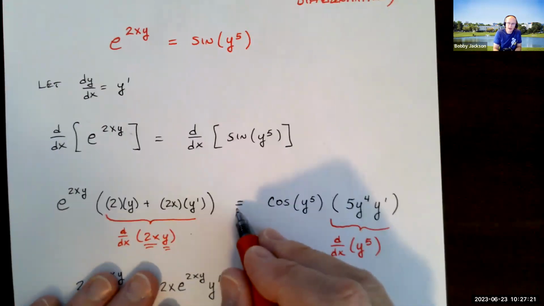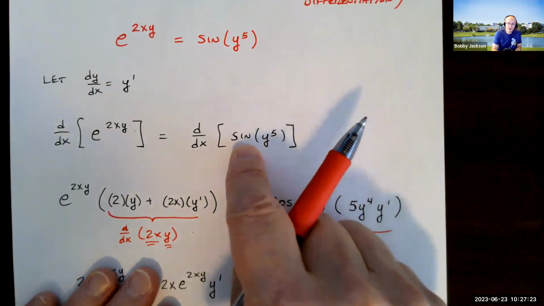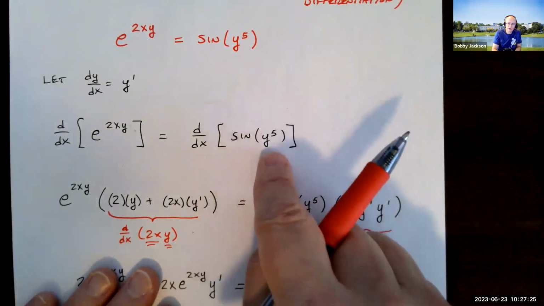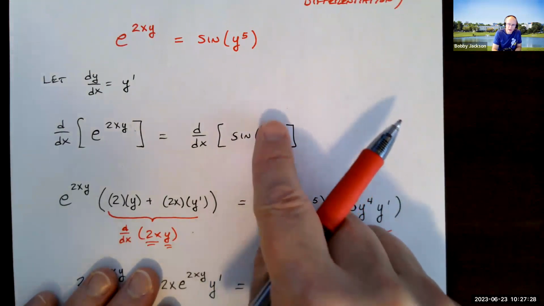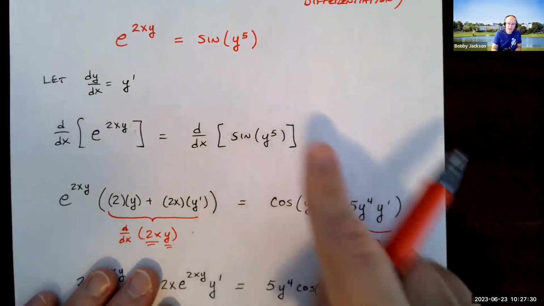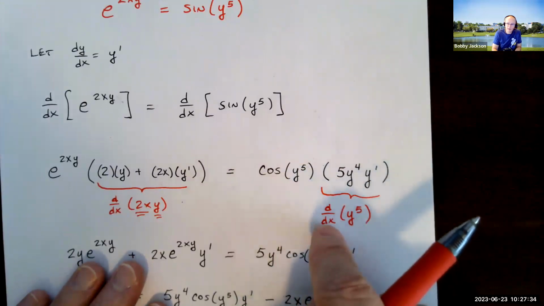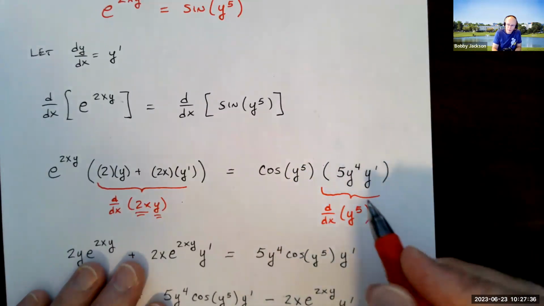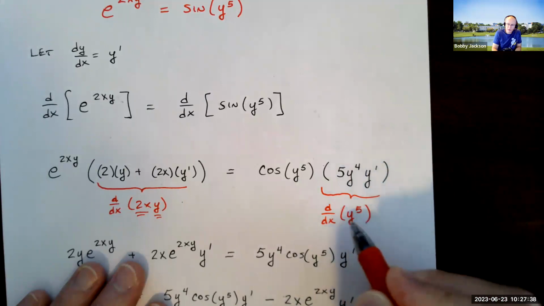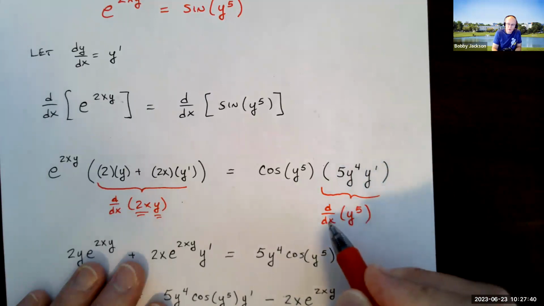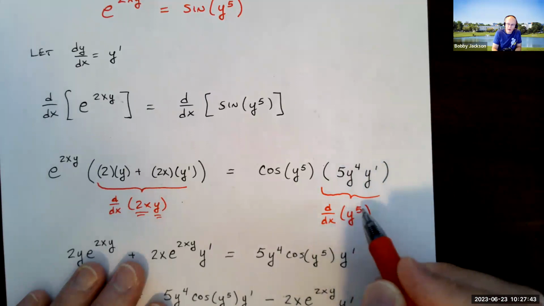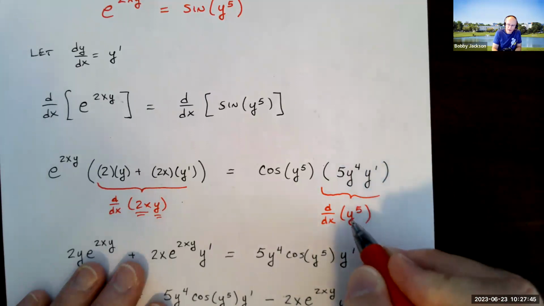Okay. On this side, notice I have a composition of functions too. Outer function sine, inner function y to the fifth. Chain rule again. Derivative of the outer function sine is cosine. Evaluate the inner function y to the fifth, times the derivative with respect to x of y to the fifth. All right, that's the inner function derivative. Well, y to the fifth, notice it's with respect to x. So it's not just 5y to the fourth. y is a function of x.